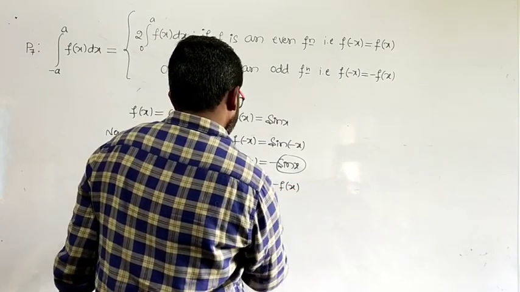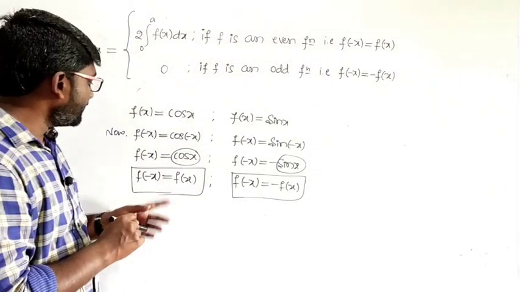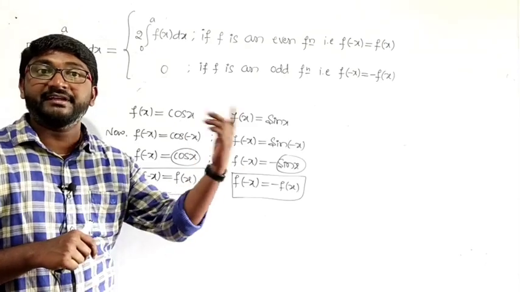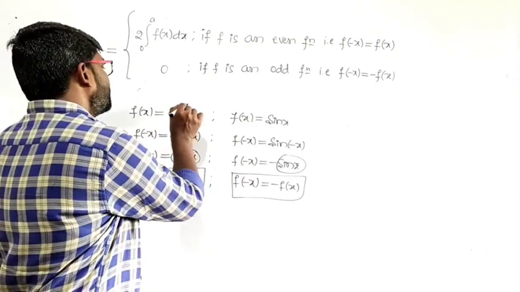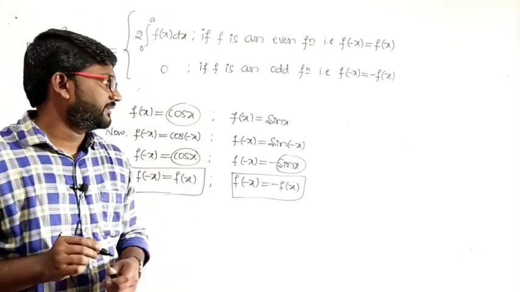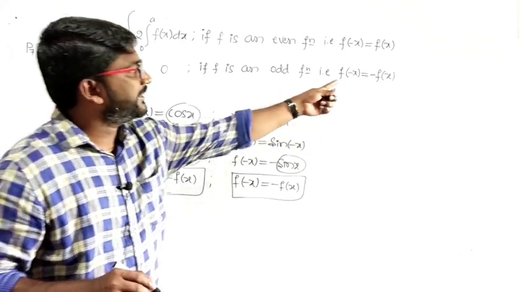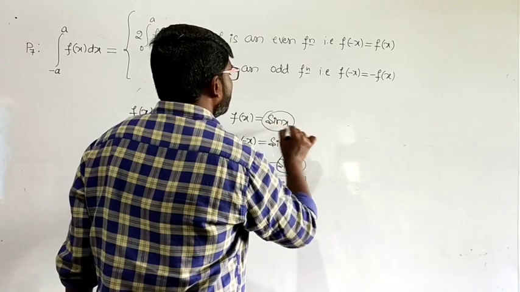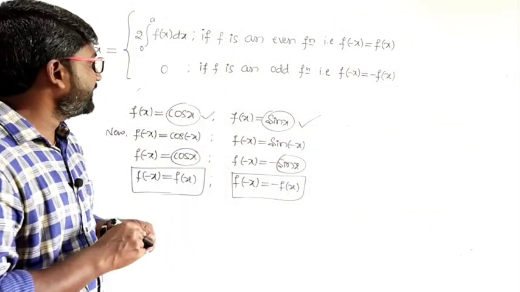So see both the conditions now. In the first case we have got f of minus x equals f of x. That means even though you have replaced x by minus x, we are still getting the same function. So this function is going to be an even function, and here f of minus x equals minus f of x, and this function is going to be an odd function in this particular case. So this is all about even and odd functions.